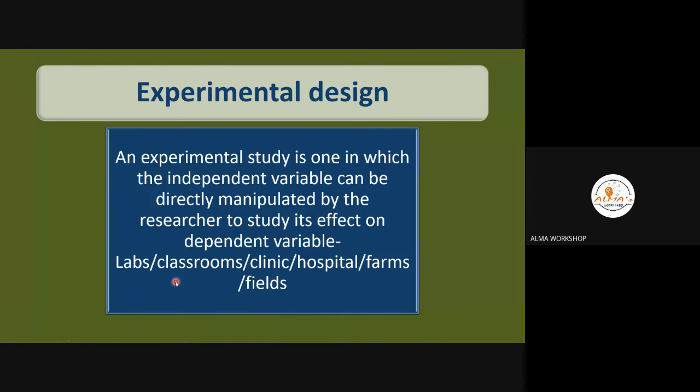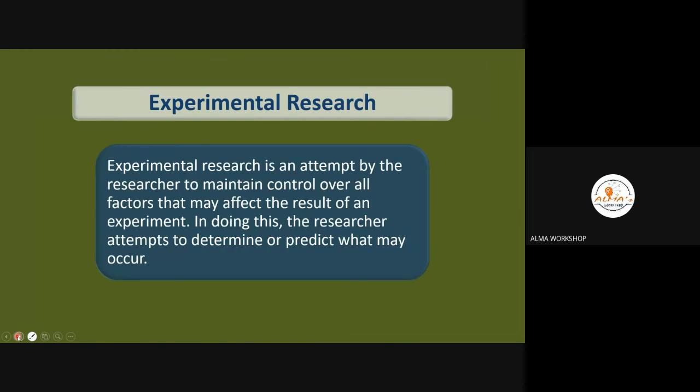And experimental research design, I already told you, you have an independent and a dependent variable, and you have a cause and effect relationship between them. Experimental design you can do in labs, in classrooms, in clinical settings. Mostly in medicals, hospitals, farms and fields we do experimental research design.